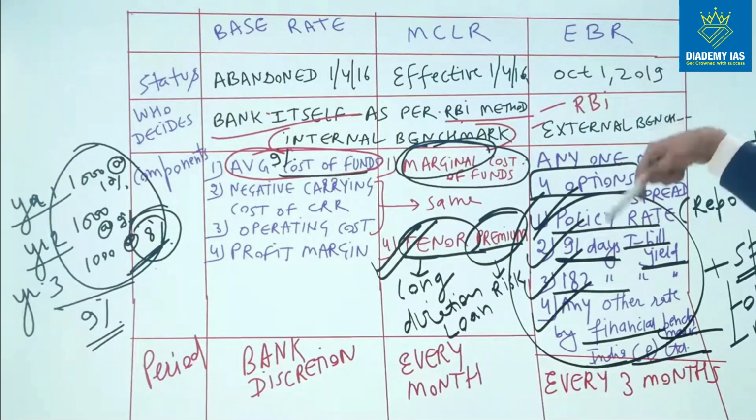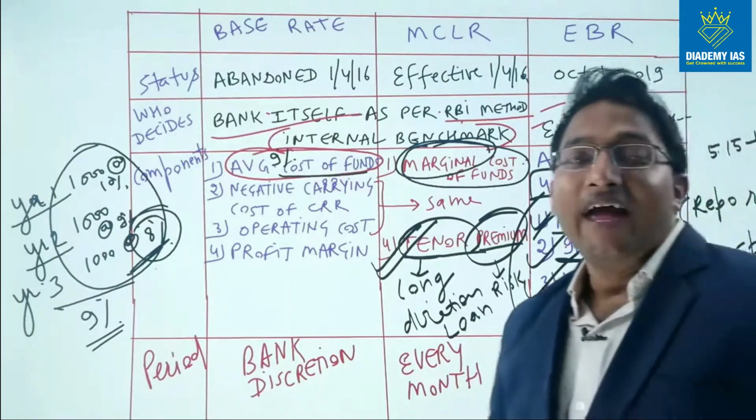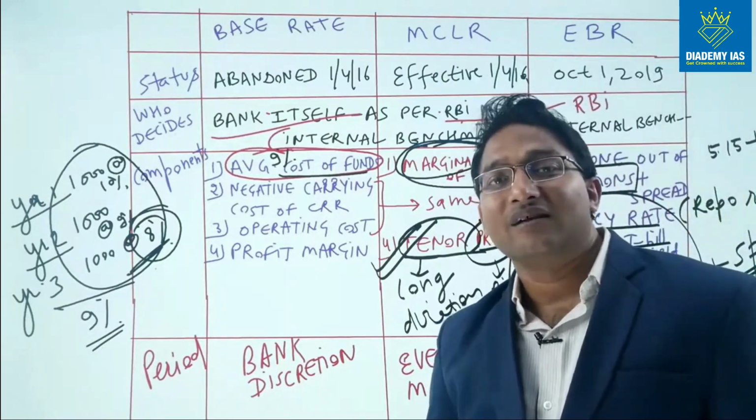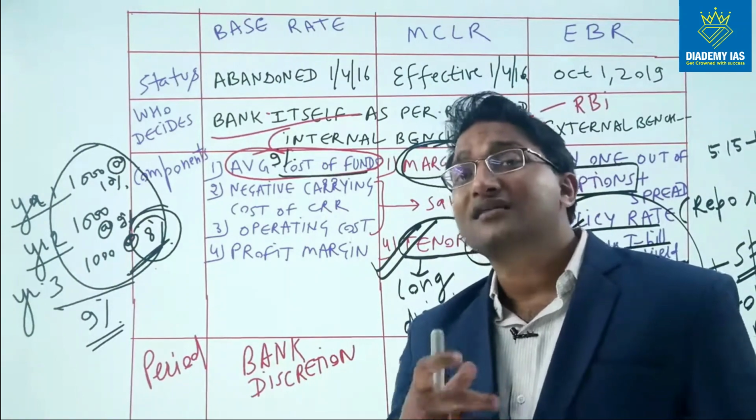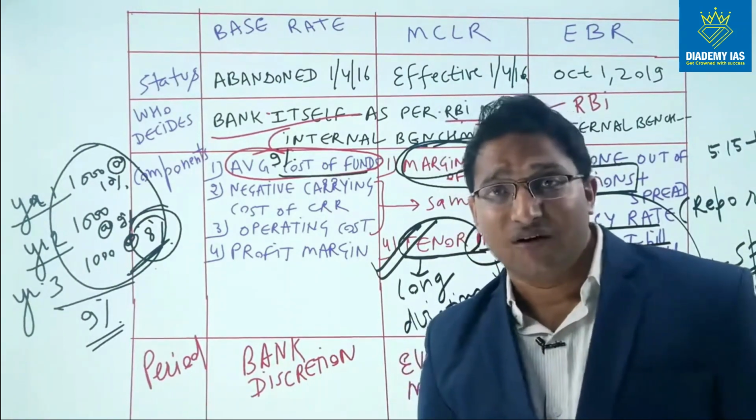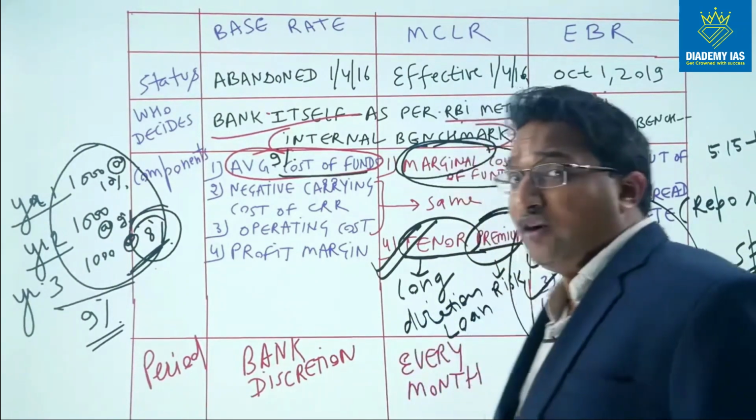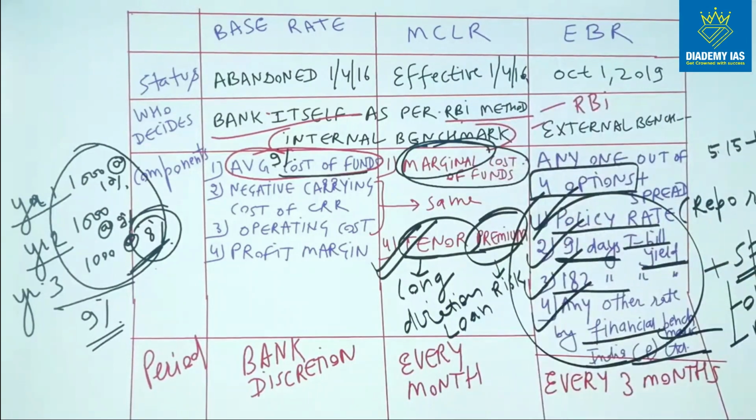Now, what is the periodicity of the external benchmark rate? External benchmark rate is calculated every 3 months. Now, what is the speciality of the external benchmark rate as compared to the marginal cost of funding based lending rate?